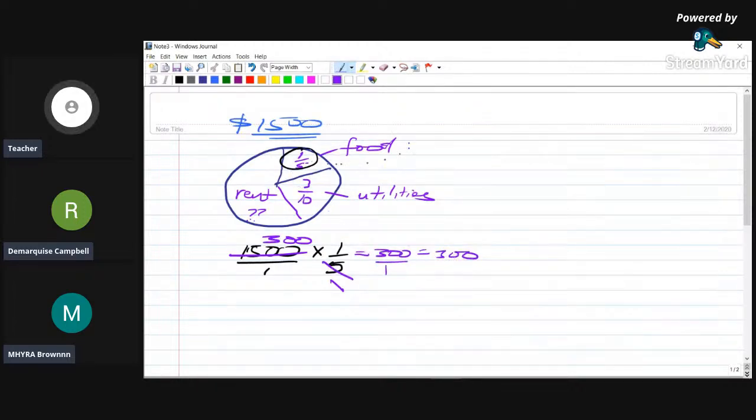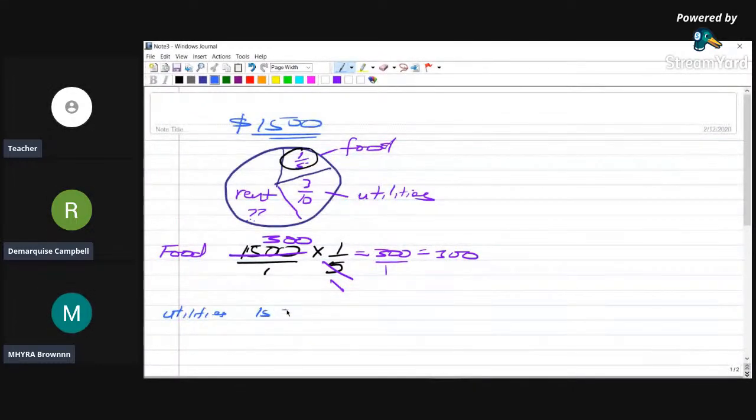So the food amount is what? $300. See that? Cool. So this would be the section for food. Now let me swap colors. If we go to the other one, what's the other one? Utilities. Right.